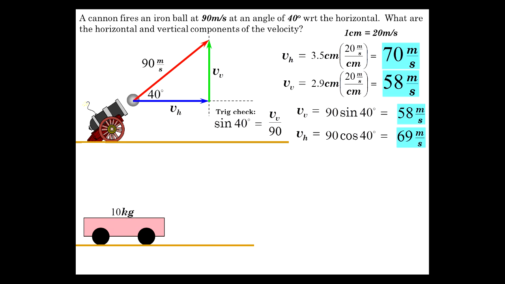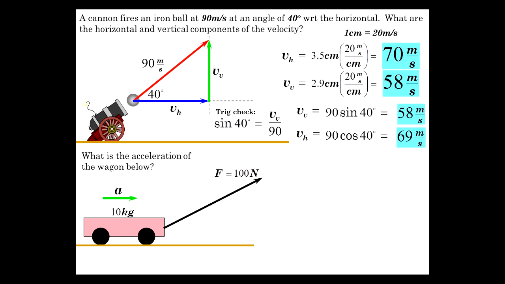Let's do another problem. We've got a cart, 10 kilograms. We're going to apply a 100 Newton force, but not in the direction it's going to move. It's going to accelerate horizontally to the right. What is that acceleration with this force applied? Does it matter that we applied the force at a funny angle?